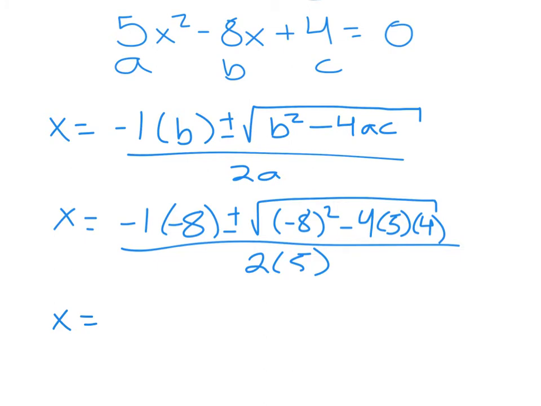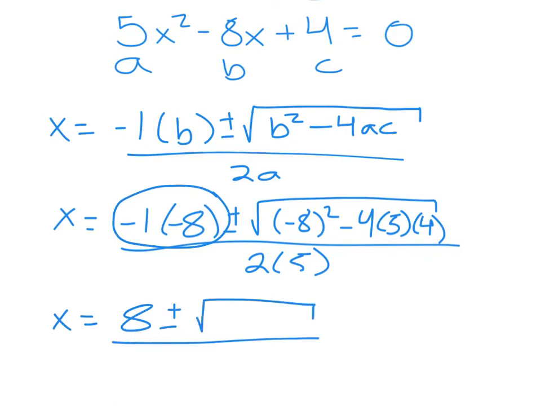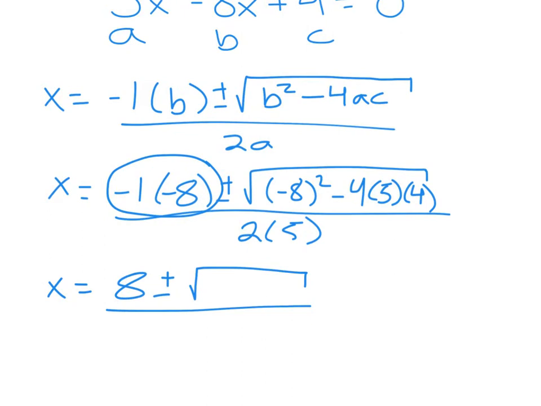And actually, you know what? I can solve for this part too. I can do that all together here. So negative 1 times 8 is 8 plus or minus the square root of 2 times 5, which is 10. And now I'll use my calculator, bracket negative 8 squared minus 4 times 5 times 4. And that ends up being negative 16.